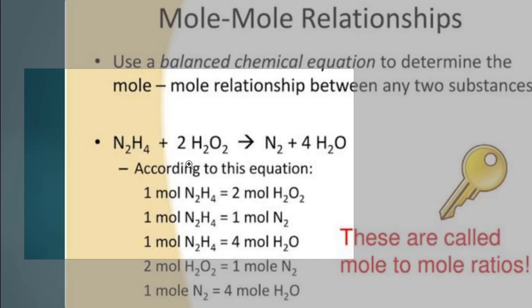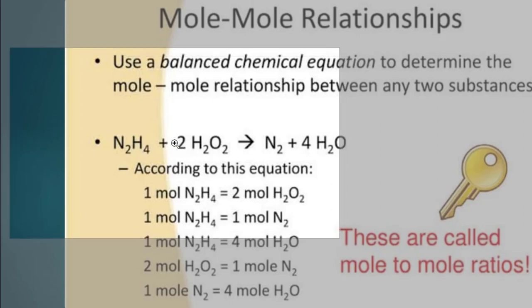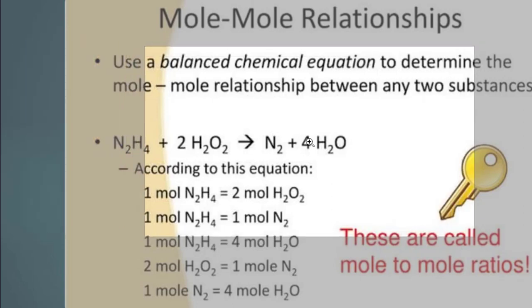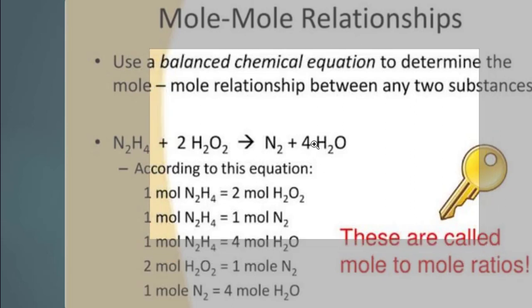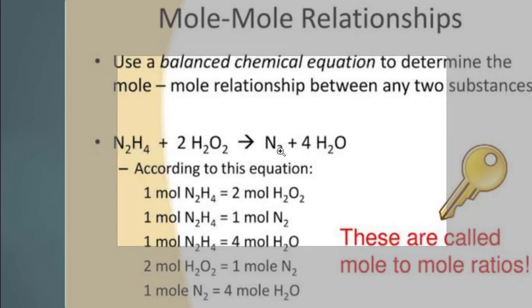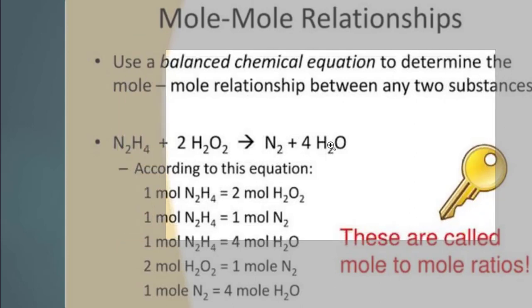N2H4 and H2O2 are known as reactants because they are combining, and what products do they give? After they combine, the products formed are N2 and H2O. So these are known as products.